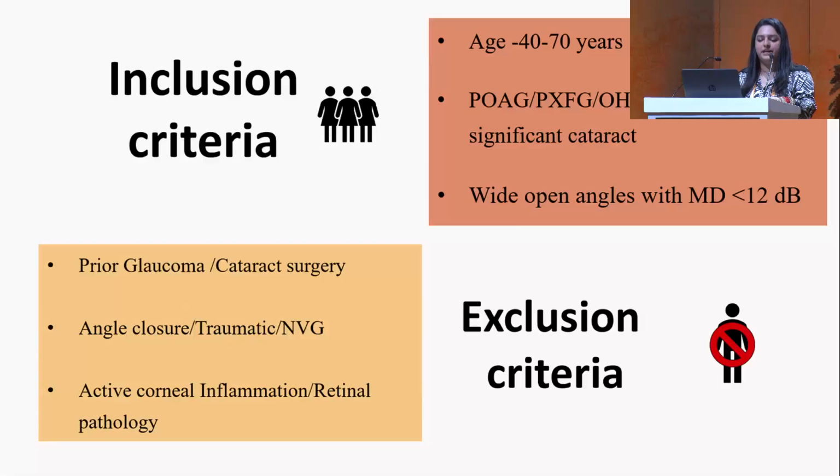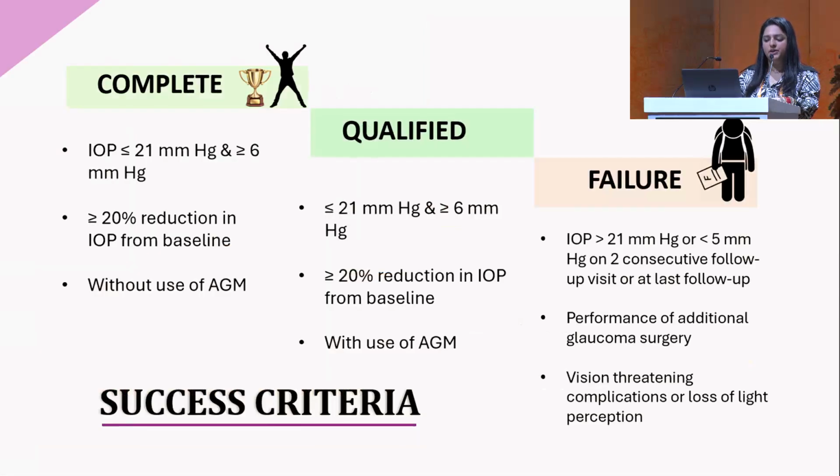The exclusion criteria were any prior glaucoma or cataract surgery, angle closure, traumatic or neovascular glaucoma, any corneal inflammation or retinal pathology. Coming to the success criteria, complete success was considered when the intraocular pressure was less than or equal to 21 mm of mercury with more than or equal to 20% reduction from the baseline without the use of anti-glaucoma medication, and qualified success when anti-glaucoma medications were used.